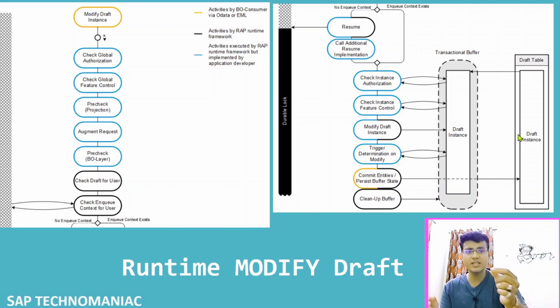Each time whenever you are changing a field and going to the next field, it is updated there, even if the data is inconsistent. This runtime modify draft works each time you change any data in the front end. Everything gets checked, and the data is saved in the draft database table. It's not saving in the main table but the draft database table. If you want to save to the main table, you have to click on the save button. Save will trigger the prepare and then activate action. It will copy this draft table data to the active table, which we have discussed in the previous slide.